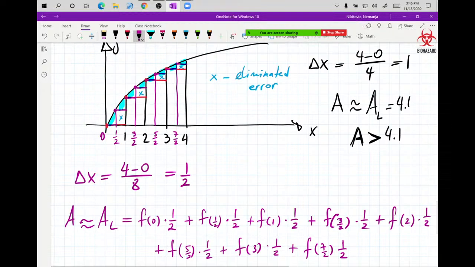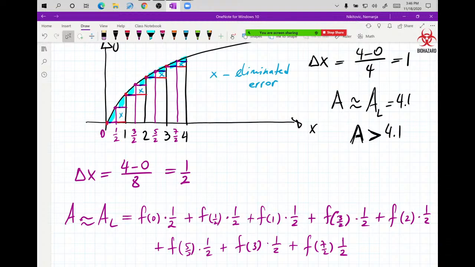And then we're done. You do not use 4 because there is no rectangle to the right of 4. So every number that you are using in the left calculation has a rectangle to its right. That should make sense, right? If you're using the left point, the rectangle is to the right of that point.